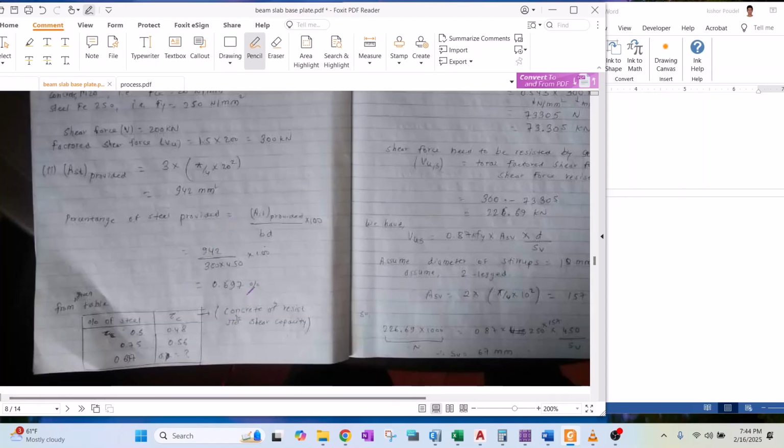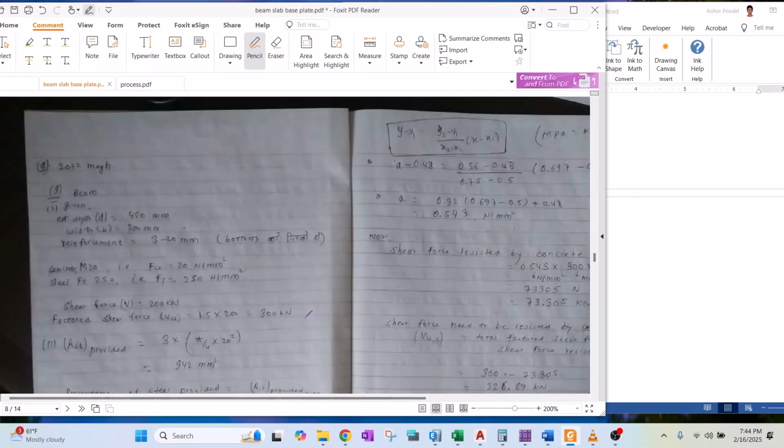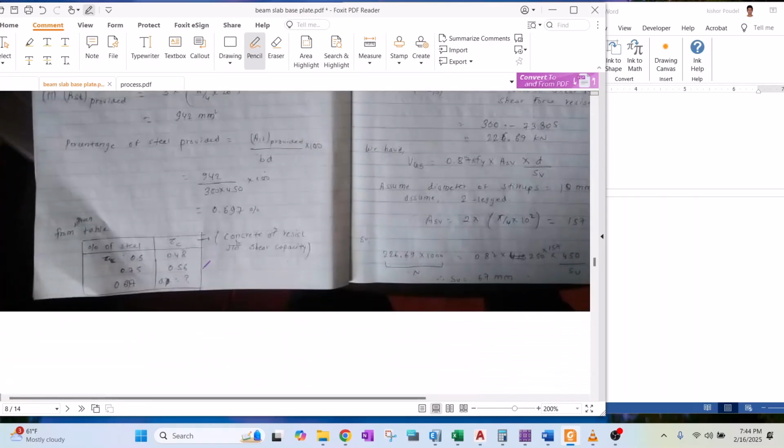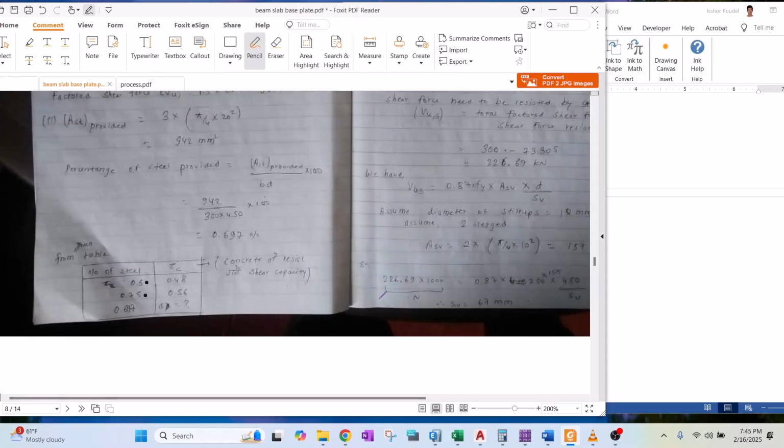Okay, so as we have the value of the percentage of steel, we can calculate the shear force resisted by concrete by using the shear capacity of the concrete for different percentages of steel. You can use IS 456 2000 to see these values. There is a table, and you can interpolate between 0.5 and 0.75 to get the permissible shear stress for the concrete.